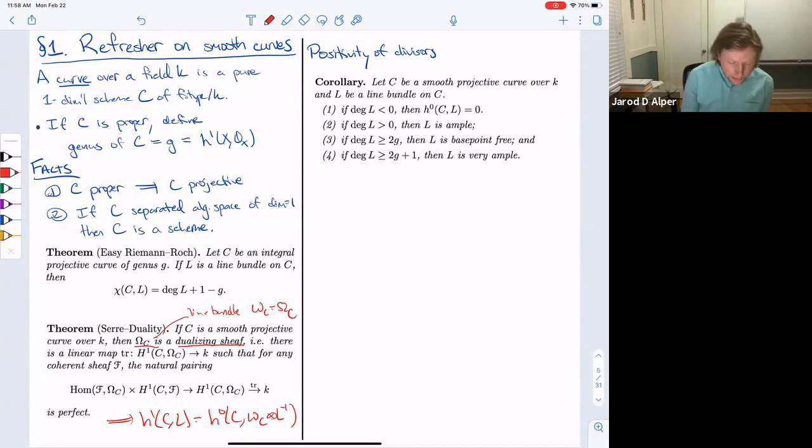And therefore, if you combine Serre duality with Riemann-Roch, you get this identification, which is a particularly useful form. And I should say, even for smooth curves, Serre duality is a deep theorem. It takes work to prove no matter how you approach it.